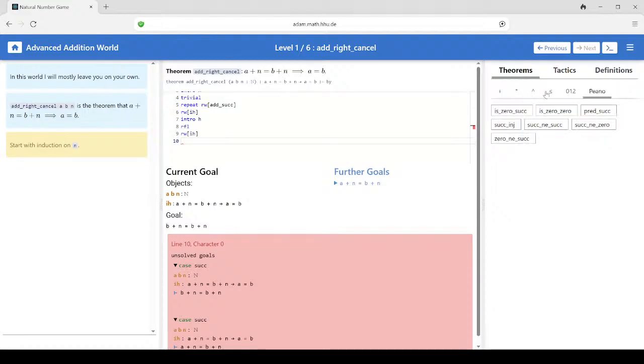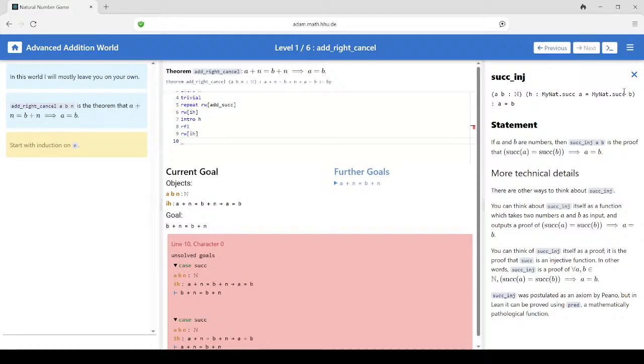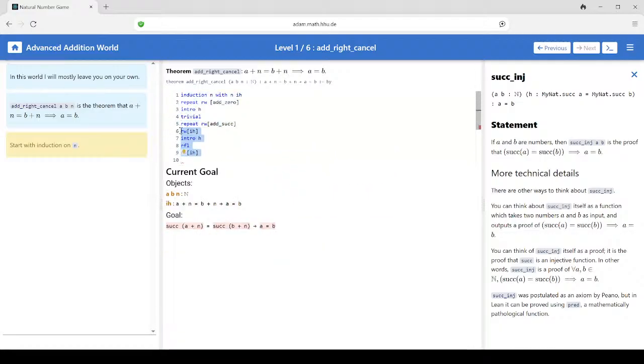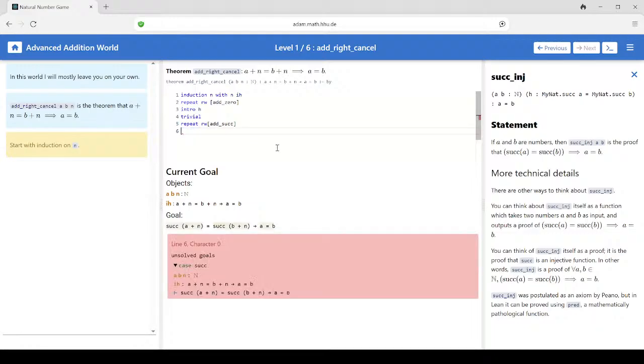What can I do to that? Wait. That won't do anything.